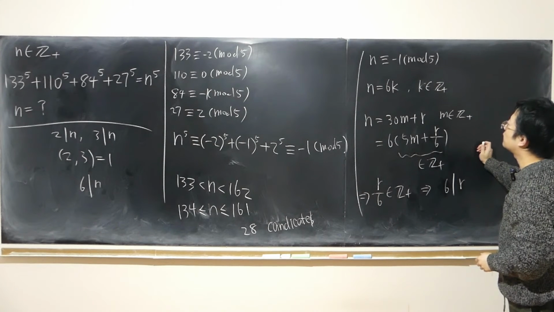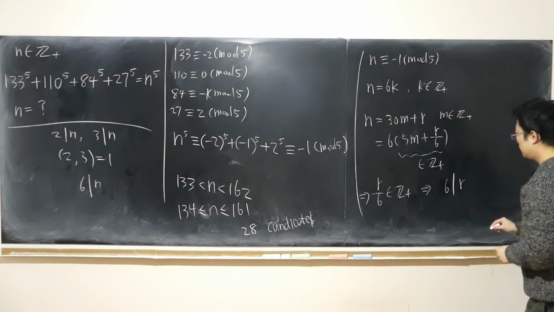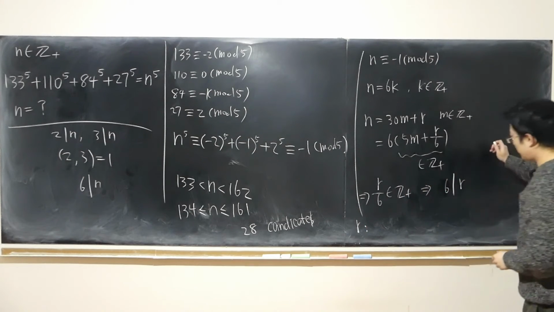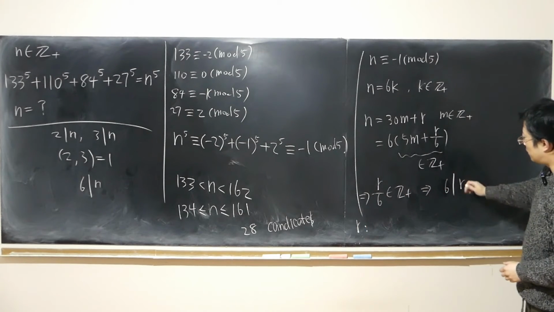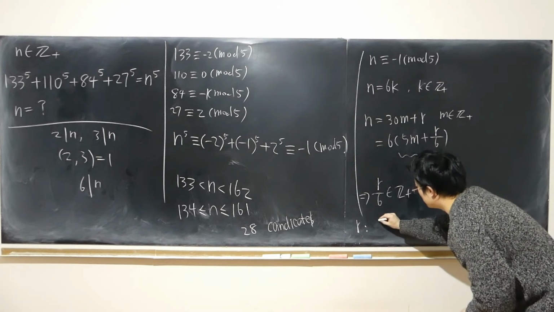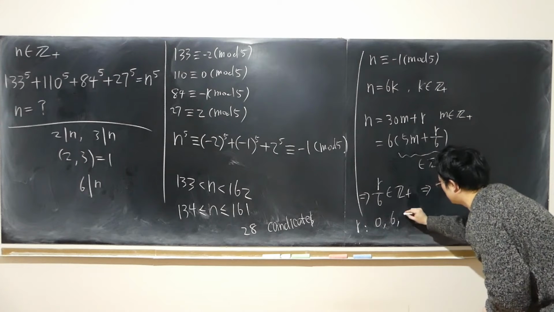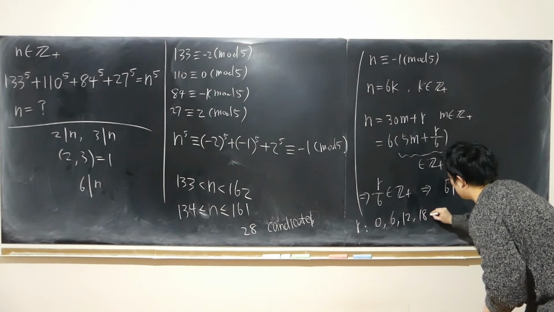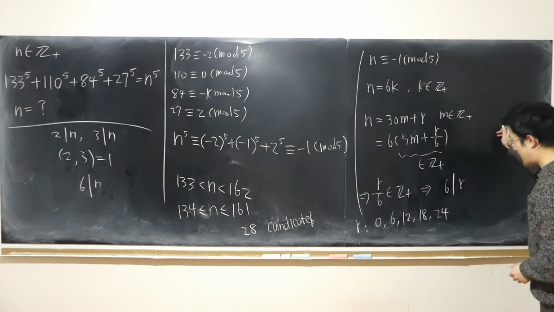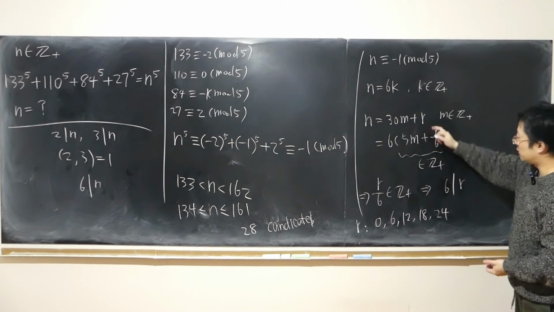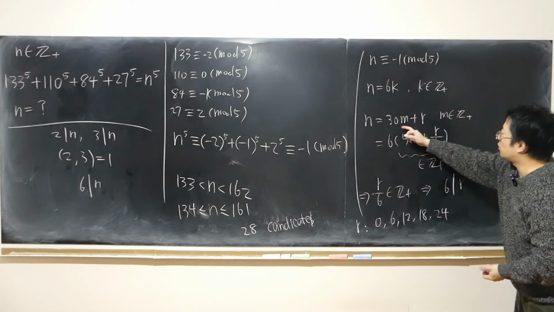And then we look at the possible remainder r. Since it is a multiple of 6, it could be 0, 6, 12, 18, 24, and of course cannot be 30, because the remainder cannot be larger than 30.